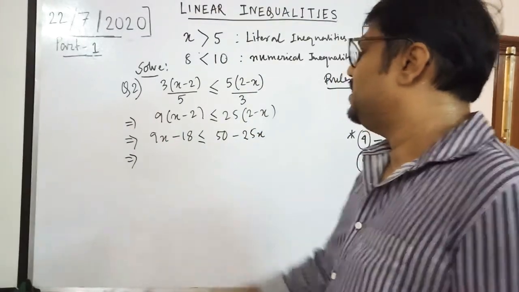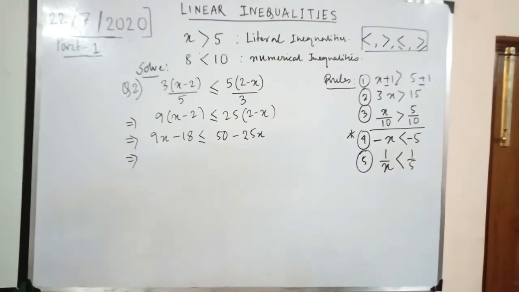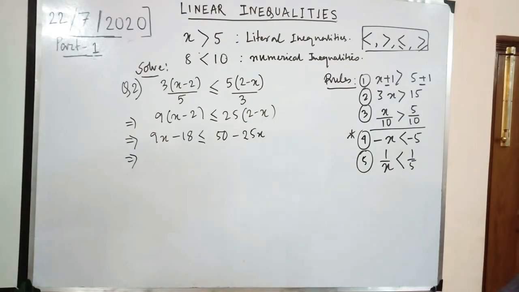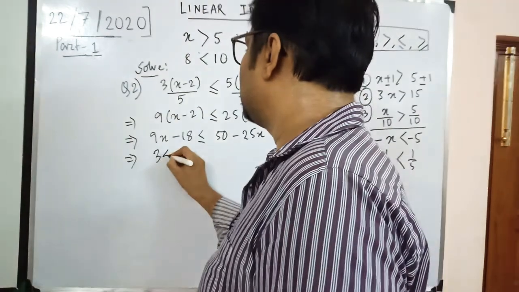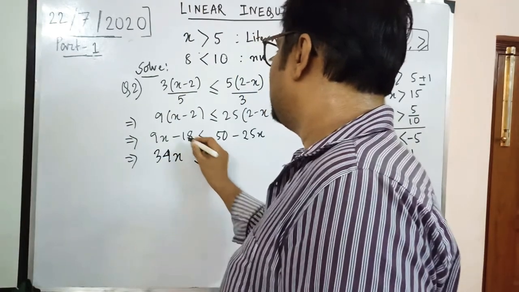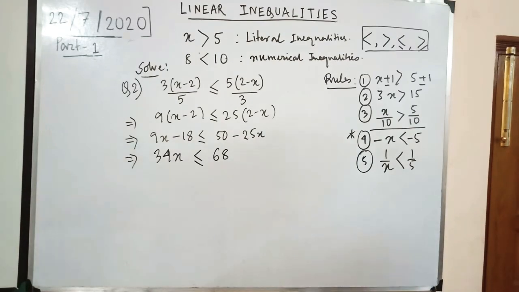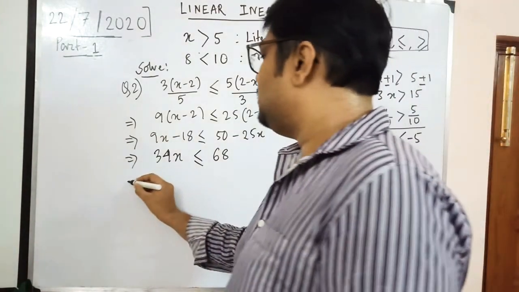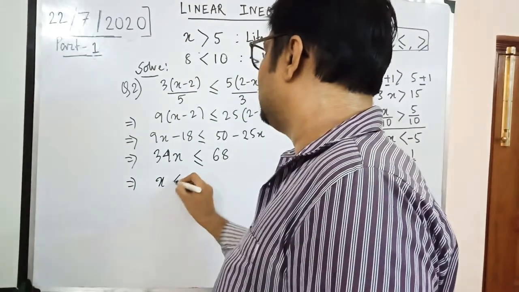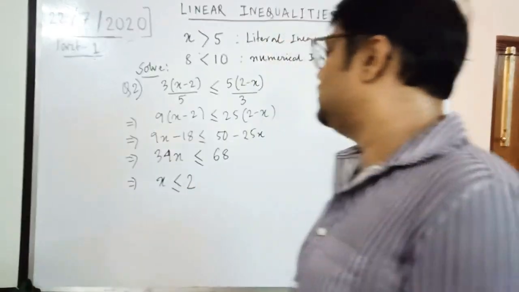So 25x comes over this side to become plus, so you get 34x, and this moves to this side to get 68. So 34x is lesser than equal to 68. So if you divide, you will get 2. So x is lesser than equal to 2.